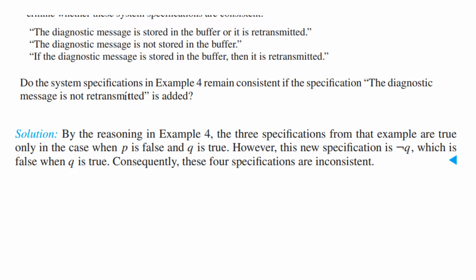Okay, the three specifications from the earlier example were true only in the case when P was false and Q was true. But this new specification, using the same designations, is negation Q, which is false when Q is true. Consequently, these four specifications are not consistent, or we would say inconsistent. Again, an easier way to do this is with the truth table.